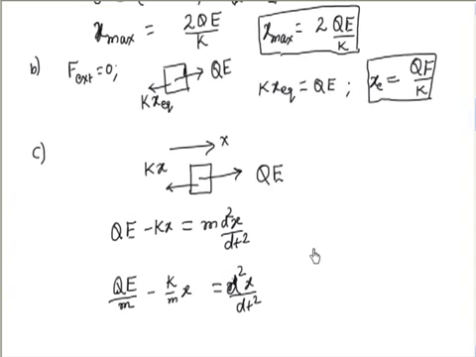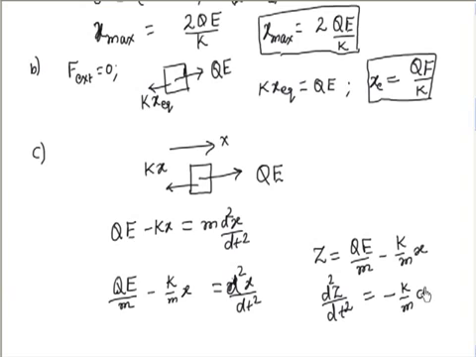So what we can do is use a new variable z. Z is equal to QE by m minus k by m into x. So let us introduce the new variable. I will have d2z by dt square. If you differentiate this two times, this is a constant, so it gives 0. So we get minus k by m d2x by dt square.